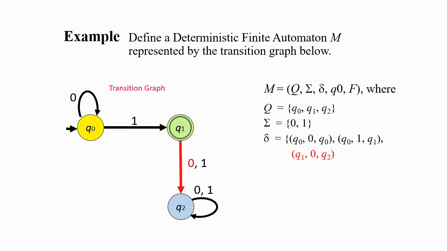So Q1, 0, Q2. And Q1 with 1 to Q2. So we're just going to denote this like this. Then we have a loop, Q2 with 0 to Q2. So that's what we get, Q2, 0, Q2.